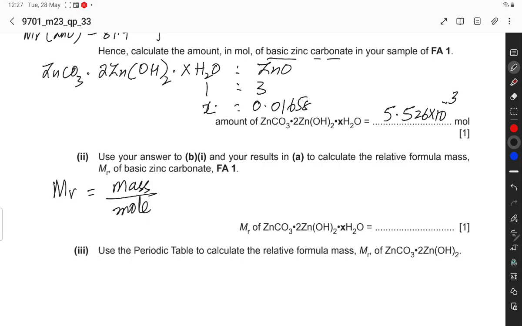We know the mass is 1.9 gram, and the mole is 5.526 into 10 raised to the power minus 3.